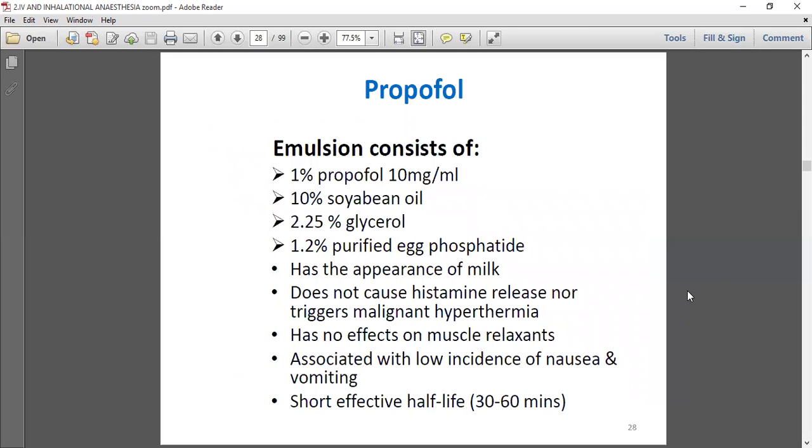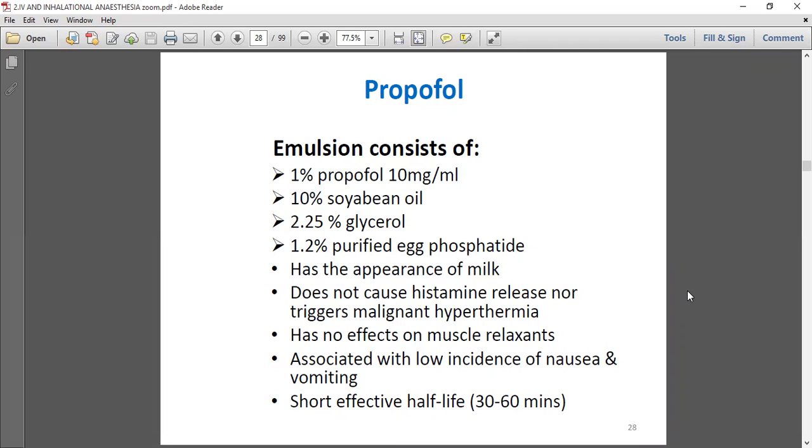So they're saying that the emulsion of propofol consists of 1% propofol, which is 10 milligrams per ml, 10% soybean oil, then 2.25% glycerol, and 1.25% purified egg phosphatide. That's why it appears like milk. It is white anyway.